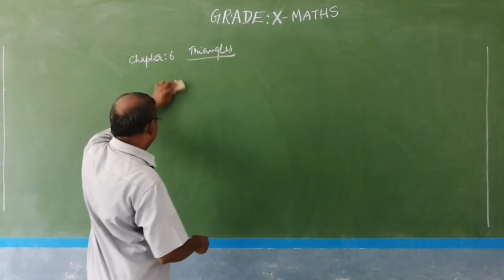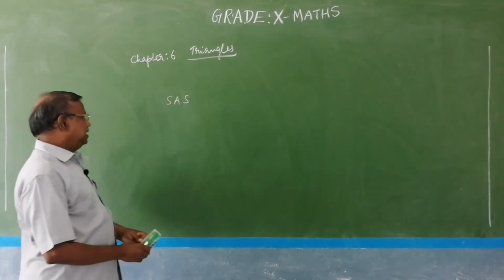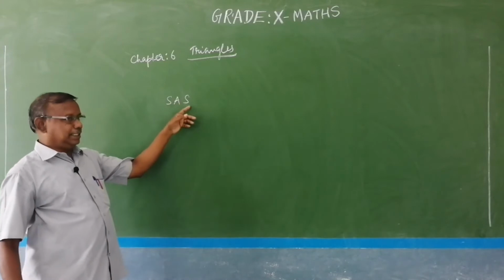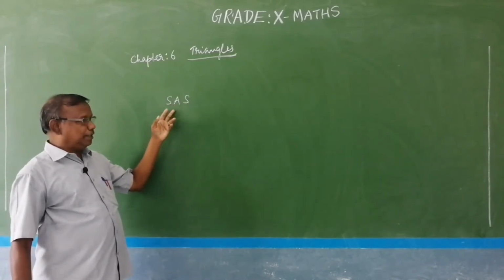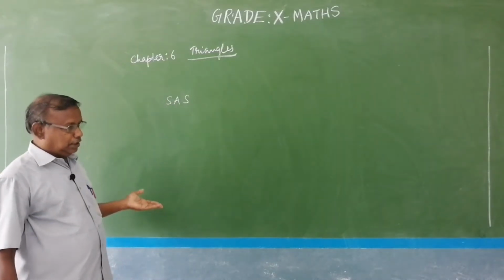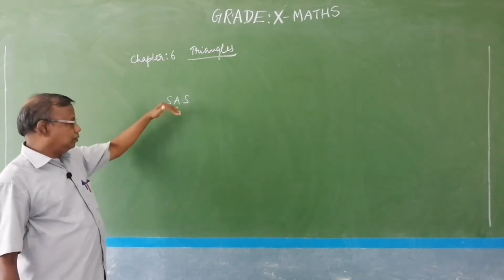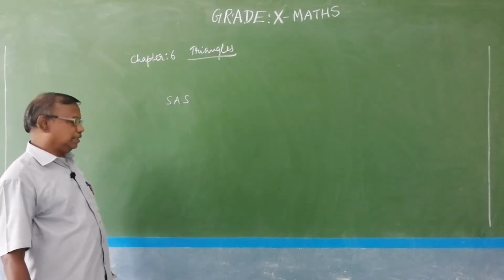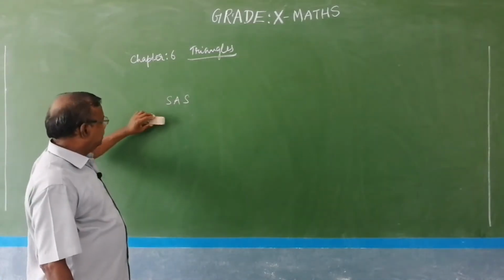And next, SAS, that means side angle side: two sides of a triangle and the angle included between the two sides are equal to two sides and the included angle of another triangle, then those triangles are said to be congruent to each other.